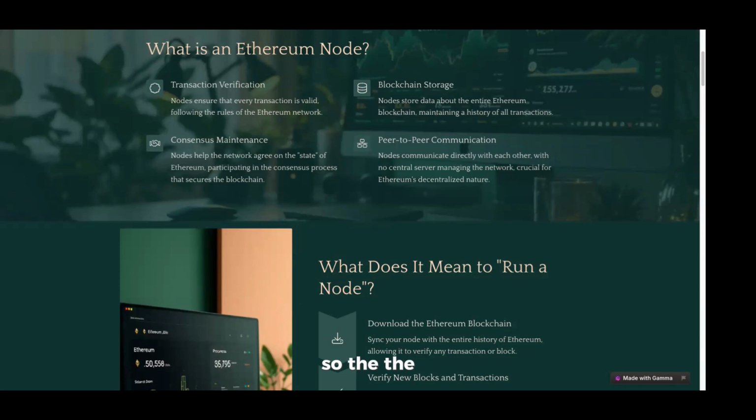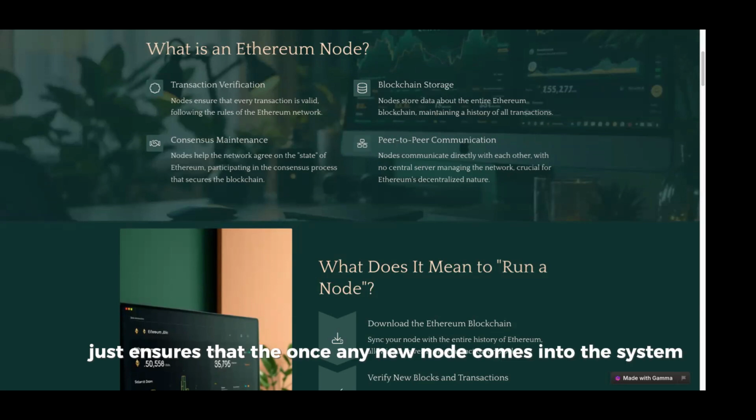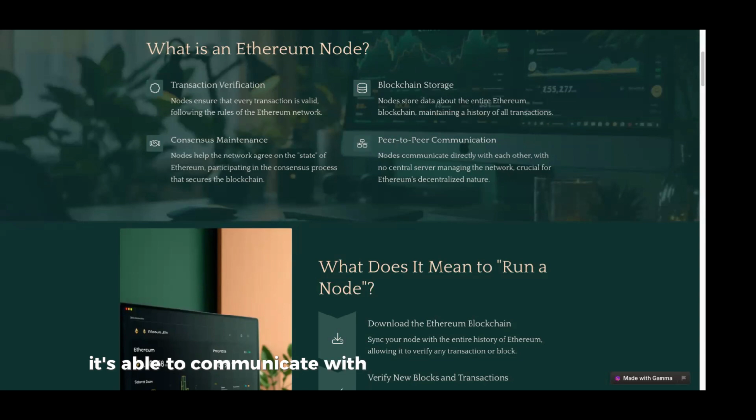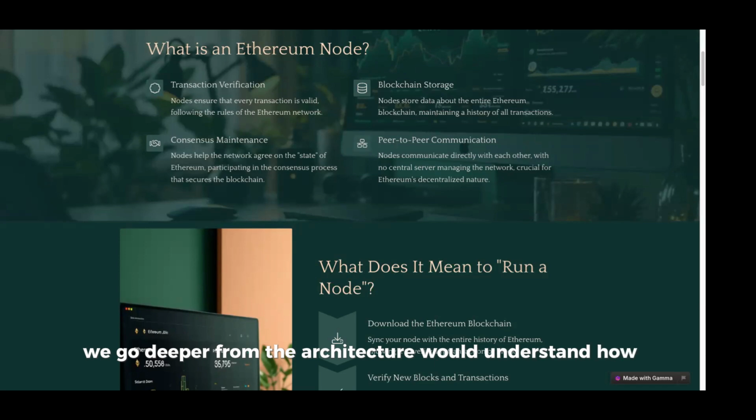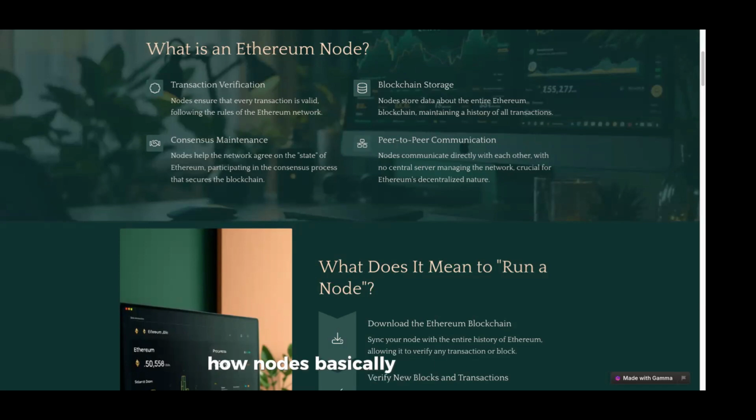So the P2P model of communication just ensures that once any new node comes into the system, it's able to communicate with other nodes in the network. So it's just very easy. When we go deeper into the architecture, we'll understand how nodes basically interact properly, how they connect and how they communicate with other nodes in the network.